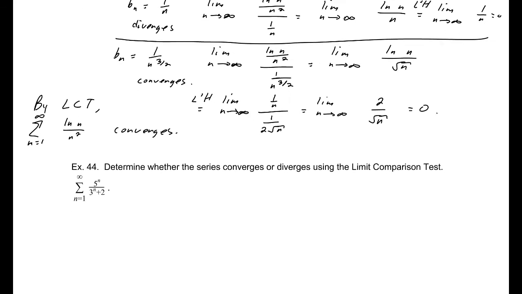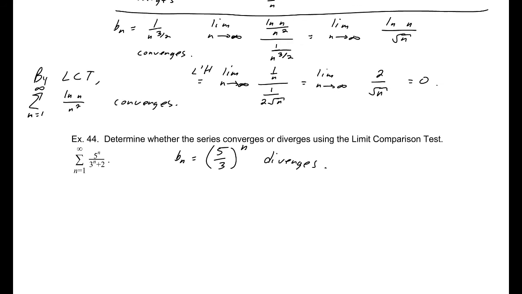Now, lastly, we will use this one, 5 to the n over 3 to the n plus 2, using the limit comparison test. Now, this appears to match up with one of our geometric sequences. So bn we'll choose 5/3 to the n. Now that diverges, because 5/3 is greater than 1.